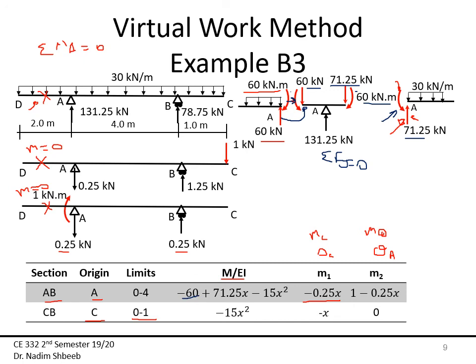This is producing a clockwise rotation moment, hence plus 71.25, and this also is giving me a counterclockwise, so this would be 30 times x over 2, and hence the value of minus 15 x squared. So this is how I got the moment function for the real system.